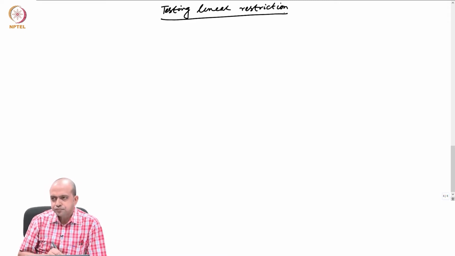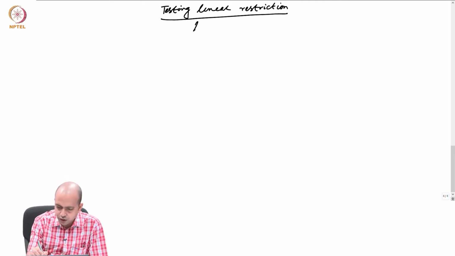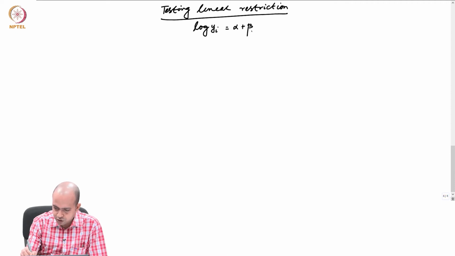For that, we will take the same production function, where log of Y_i equals alpha plus, let us say, beta 1 log of labor plus beta 2 log of capital plus u_i.